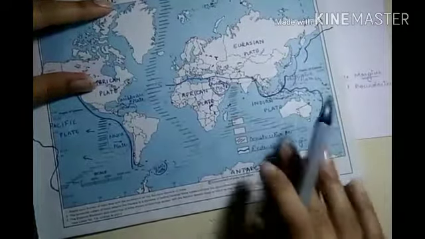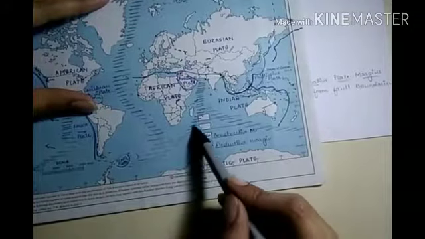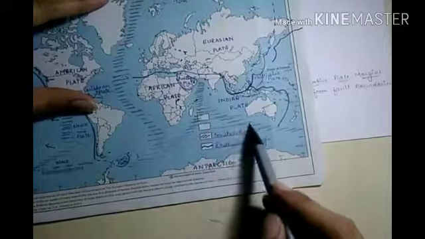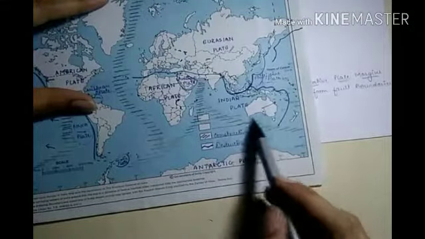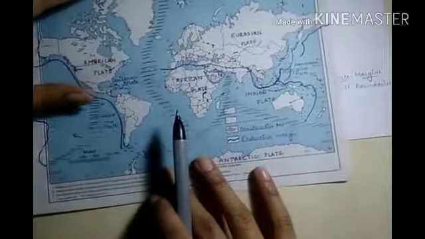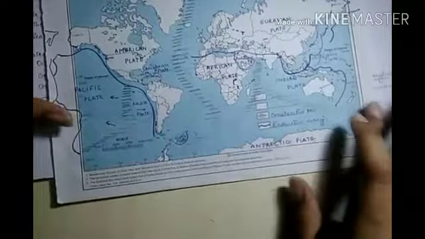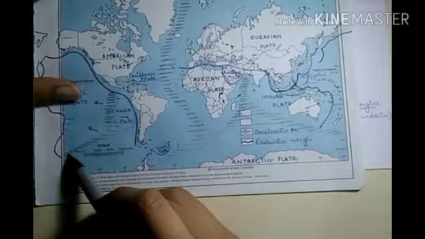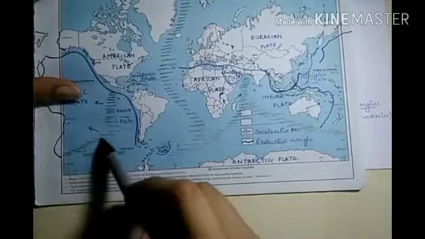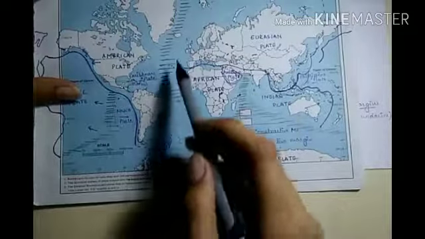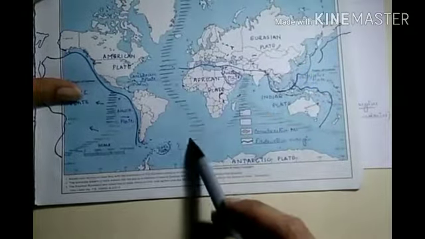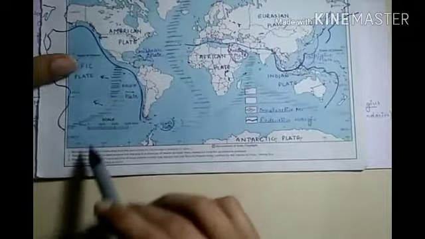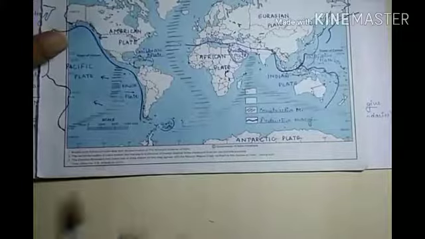Okay, this area near Africa, moving towards Pacific Ocean, going through Australia. This is a constructive plate margin, and this area is also constructive plate margin, and here you can find ridges all over. Okay, this is the biggest ridge, we have mid-oceanic ridge here.